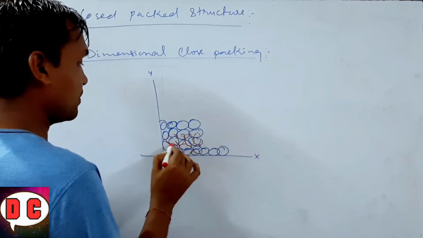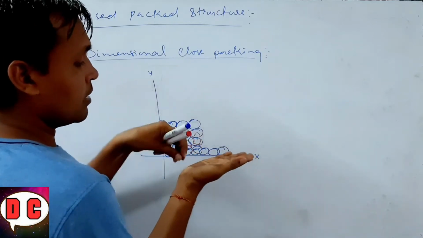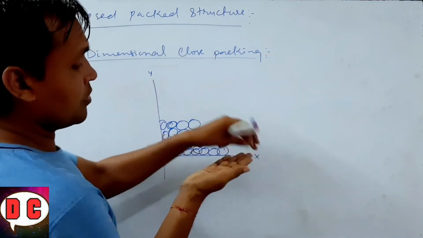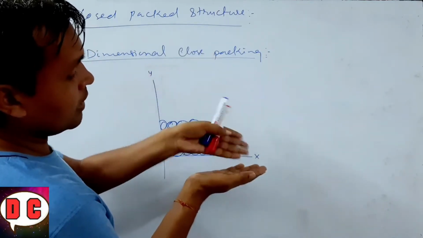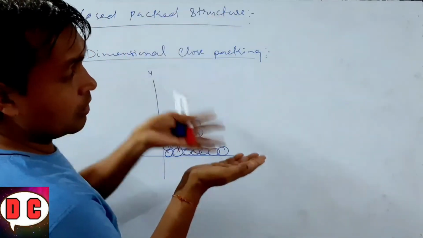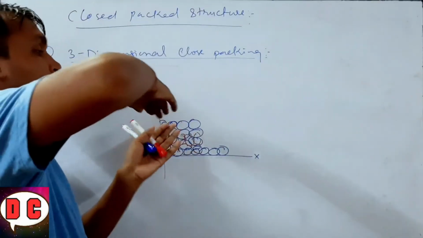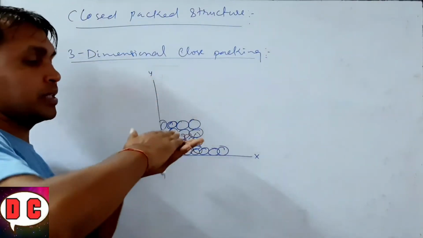Then what will happen? We have arranged in this way, this way, this way. Now over that we are making another layer, again another layer, and another layer. If you make layer after layer, you will see that height also will be there.